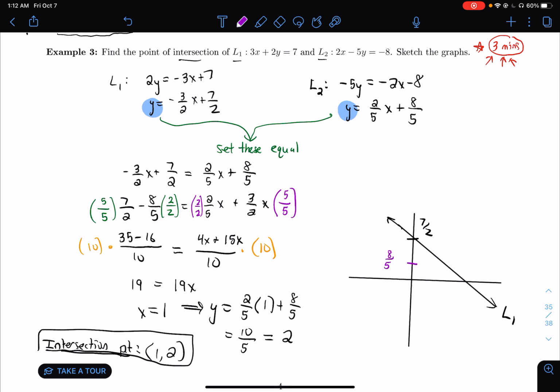The slope of this line, 2 over 5, is positive, so it is a positive sloping line. That is my second line, L2. Where they intersect, it seems reasonable that it might be a point like 1, 2. That is my intersection point, and that is our answer.